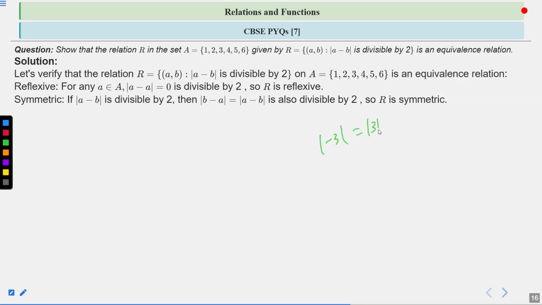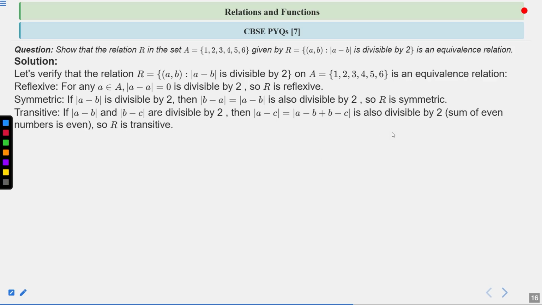The absolute value of a negative number is equal to the absolute value of the same positive number. So if |b - a| is divisible by 2, then |a - b| is also divisible by 2. So R is symmetric also. Got it?